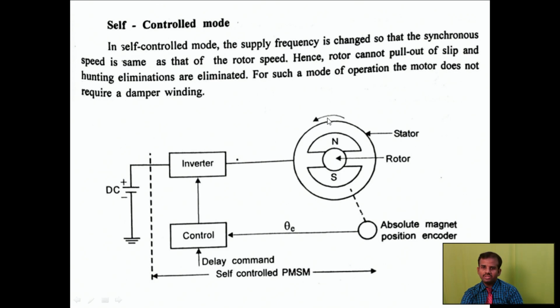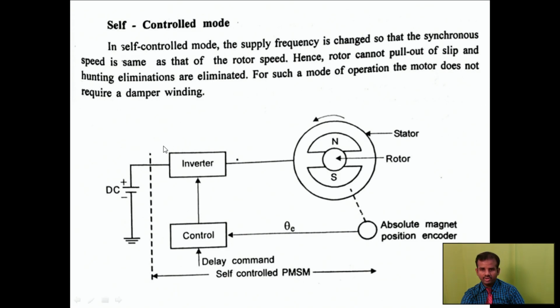Here the supply frequency is changed so that the synchronous speed is the same as the rotor speed. So the rotor cannot pull out of step and the hunting oscillations are eliminated automatically, so this mode does not require any damper winding.